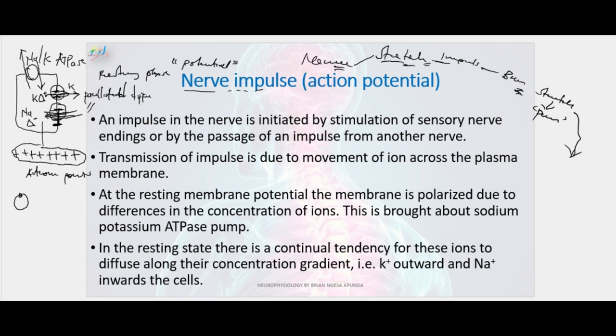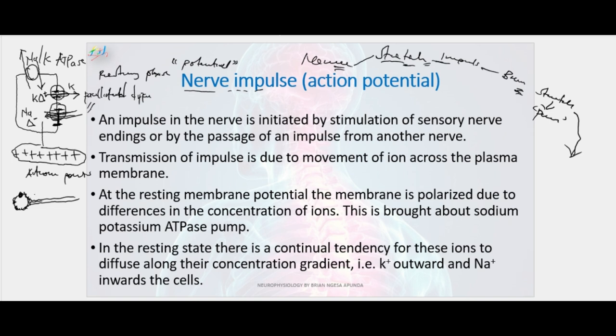So once there's an action potential on this side of a membrane, it normally spreads towards the axonal end. Action potential basically means our cell is becoming more positive as a result of the movement of the ions or the cations that we've proposed.